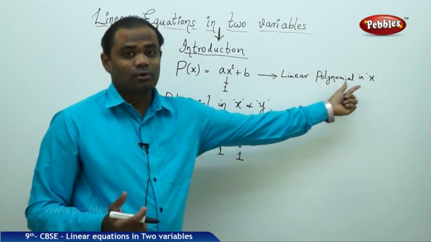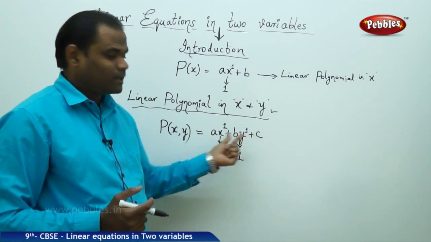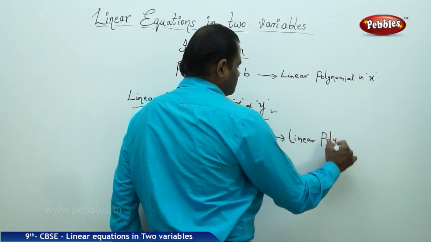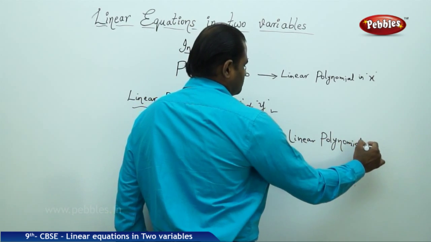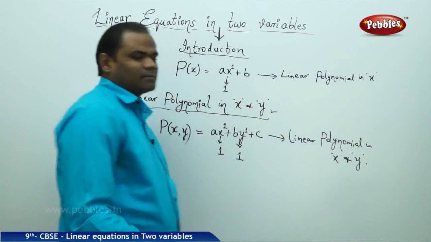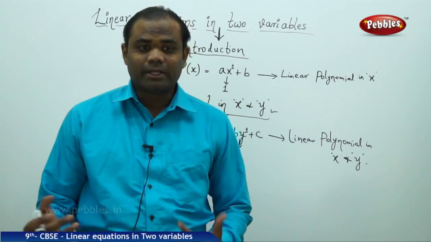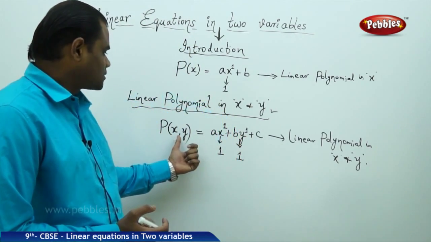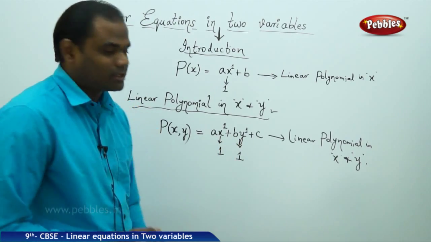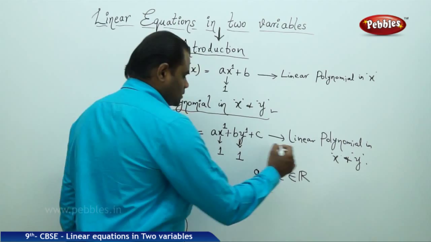Here, this is a linear polynomial in one variable x, but because I have the introduction of two variables x and y, this is a linear polynomial in x and y, the two variables here being x and y. A linear polynomial in x and y is defined to be p of x comma y equals ax plus by plus c, provided a, b, c belong to real numbers.